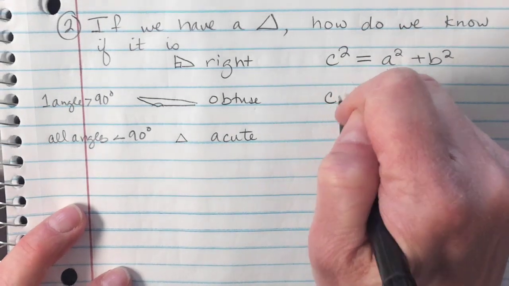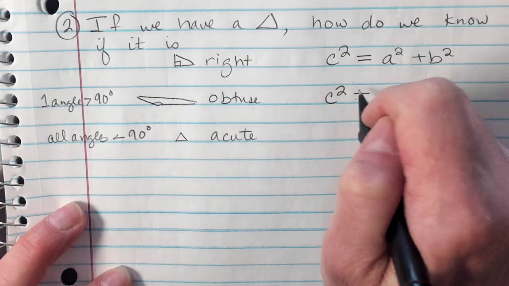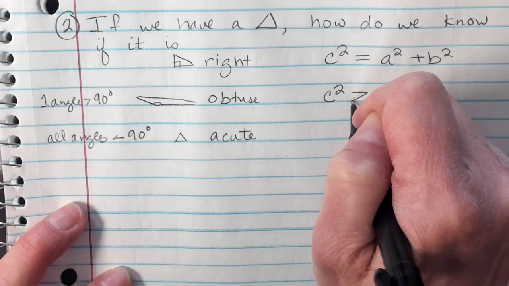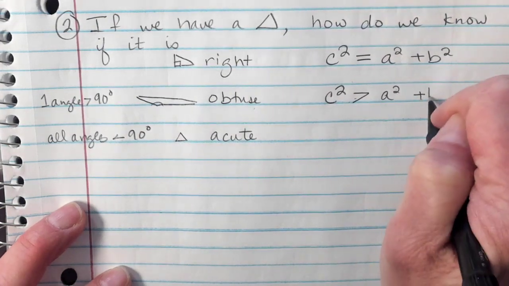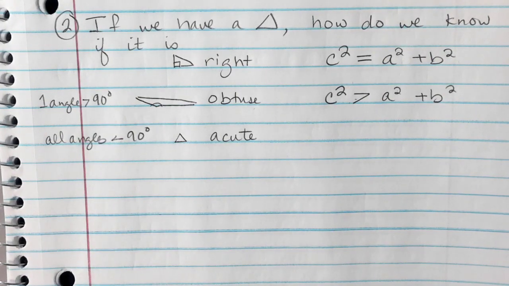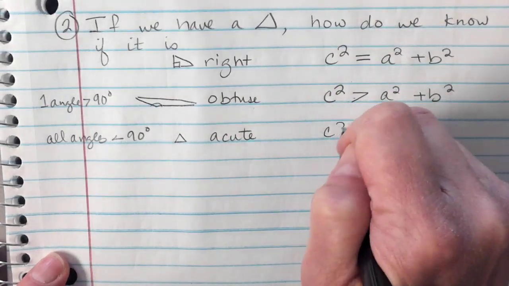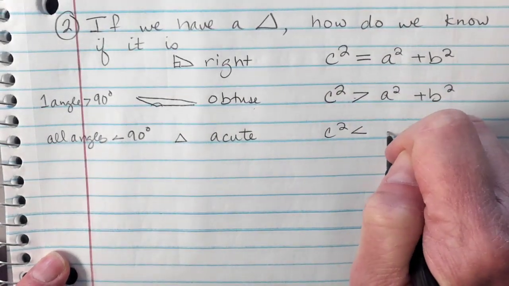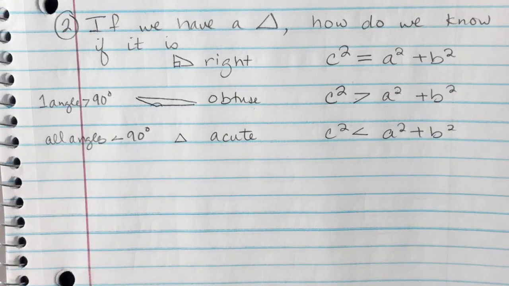If it's an obtuse triangle, c squared is greater than a squared plus b squared. If it's an acute triangle, c squared is less than a squared plus b squared.